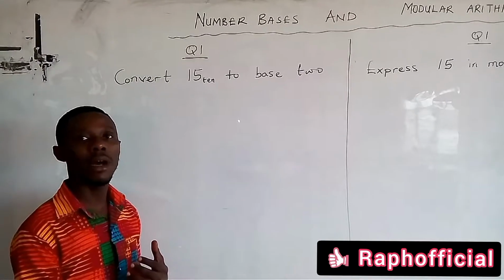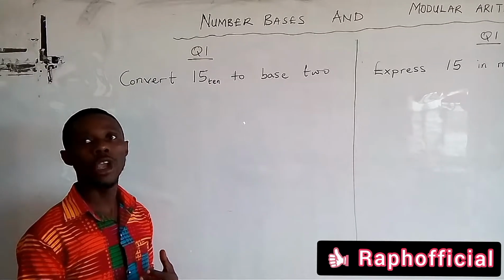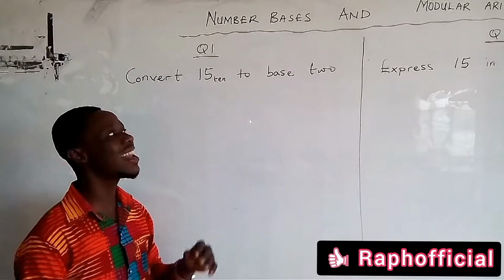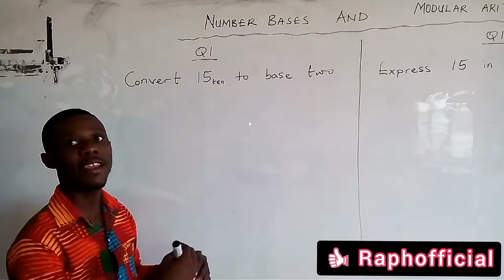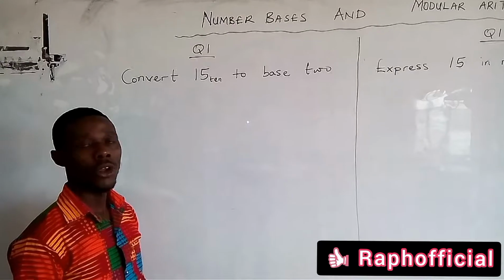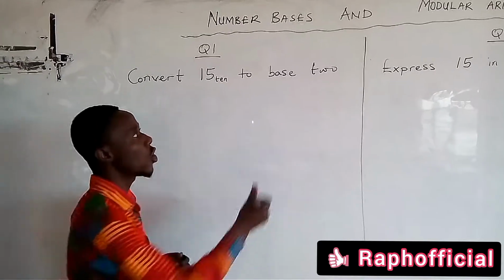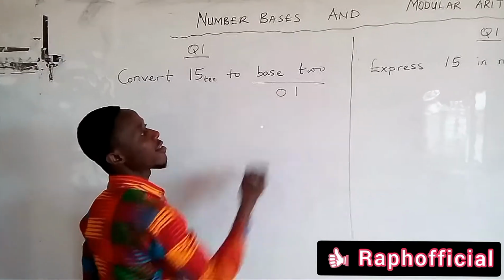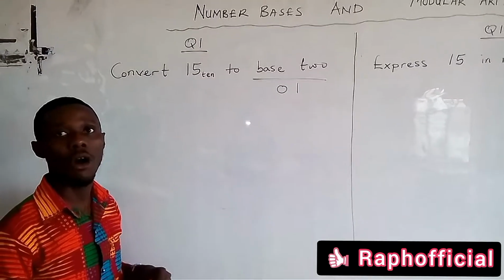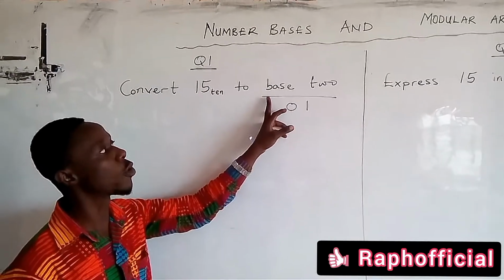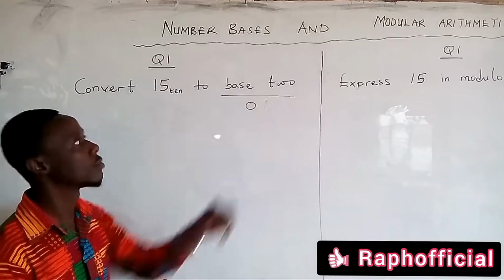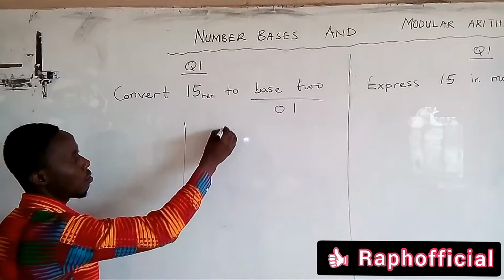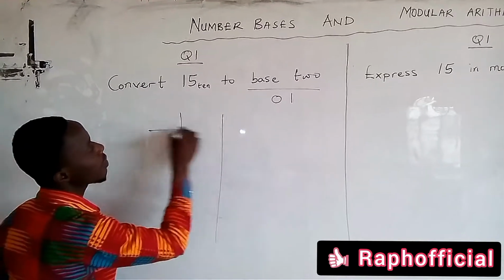Since we want the remainder, we have to divide till we get a number which is less than the base that we want. So, from here, we want zeros and ones as our answers because it is supposed to be in base 2. First of all, draw this.